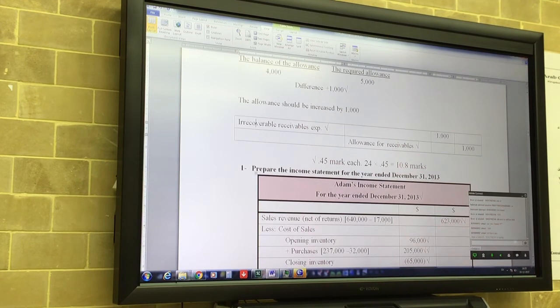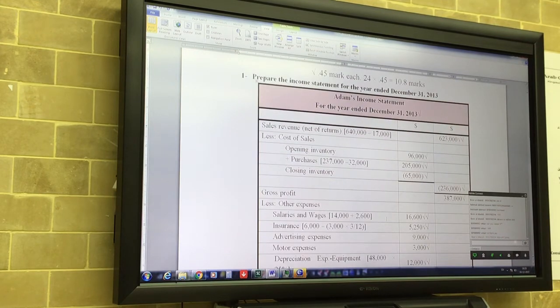Okay, so now we will prepare the income statement and the balance sheet. We said you must take care of all adjustment entries. Adjustment entries will affect your balance sheet and your income statement.